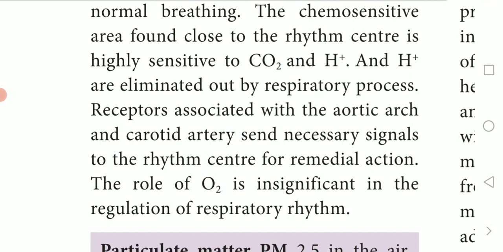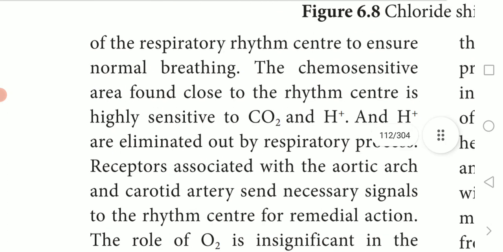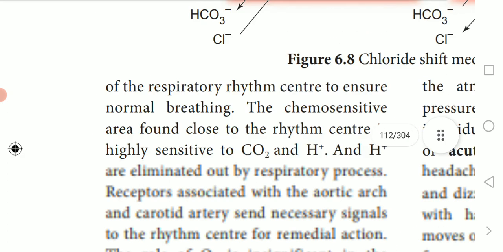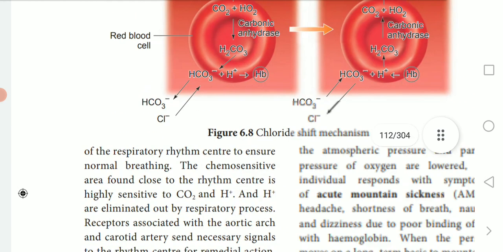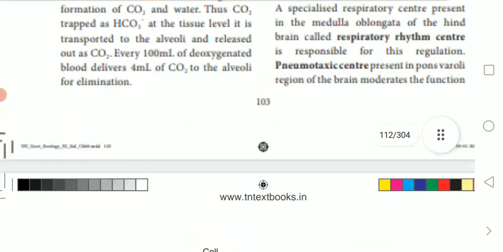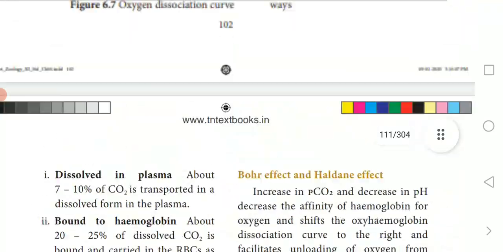The receptors associated with the aortic arch and carotid artery send necessary signals to the rhythm center for remedial actions. The role of oxygen is insignificant in the regulation of respiratory rhythm. So this is what we call regulation of respiration.